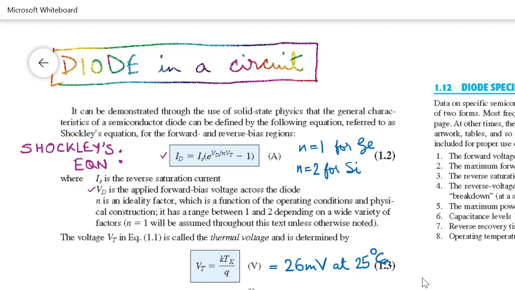VD is the applied forward bias voltage across the diode. So we are talking about the forward bias region for Shockley's equation, and there are several other parameters, as you can see.